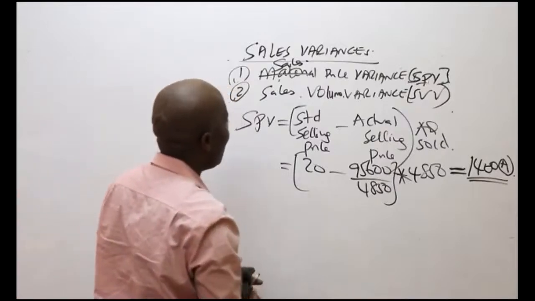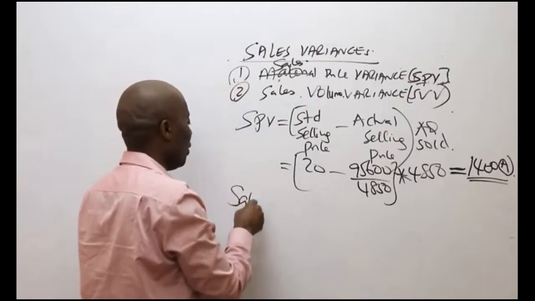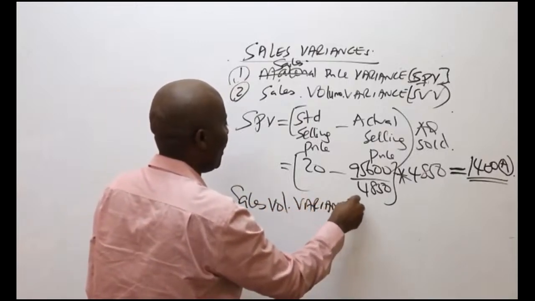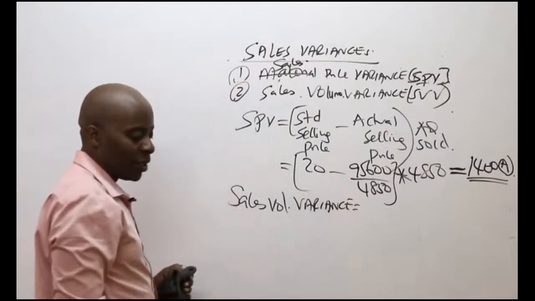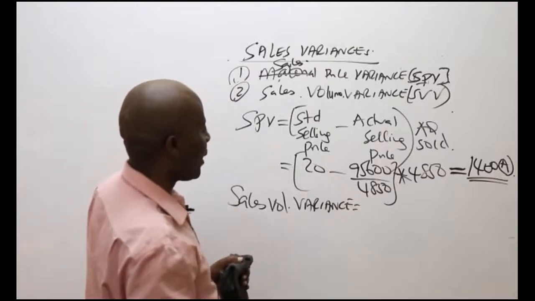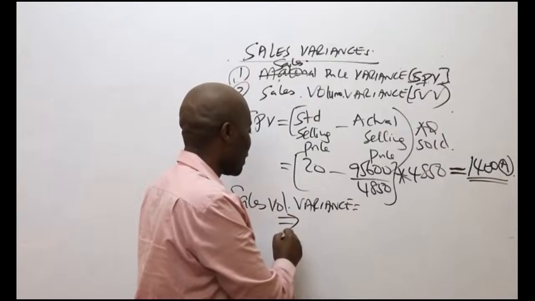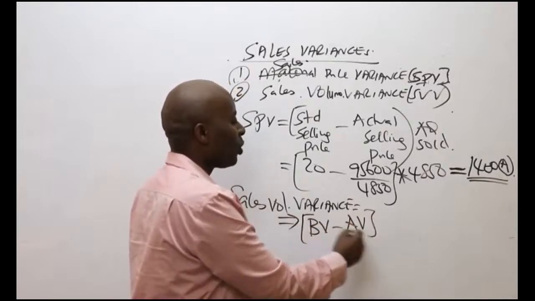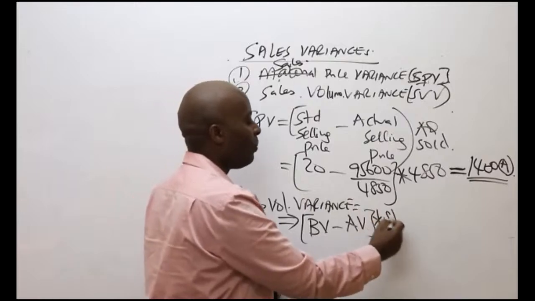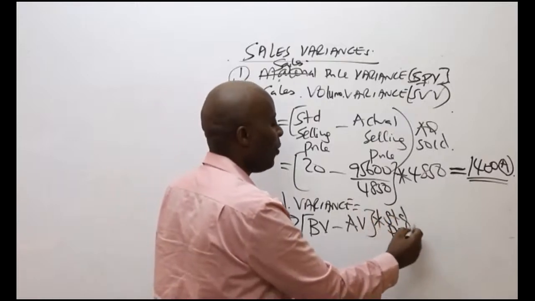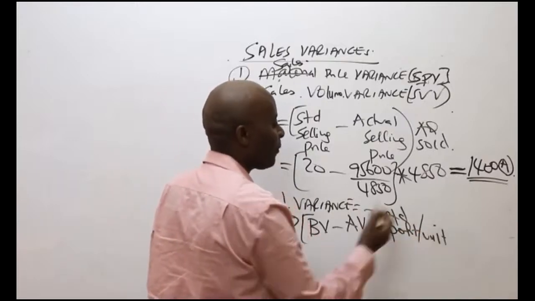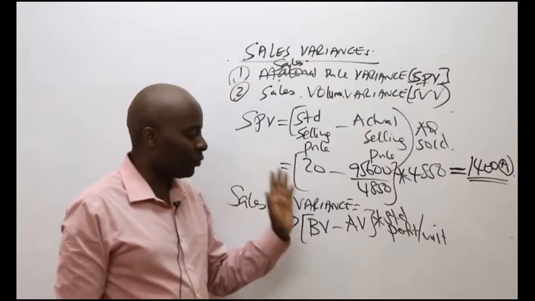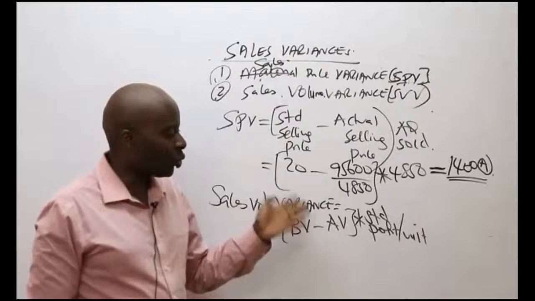So from there, come and give me the sales volume variance. How do I get the sales volume variance? To get it, ladies and gentlemen, we normally take budgeted volume minus actual volume.